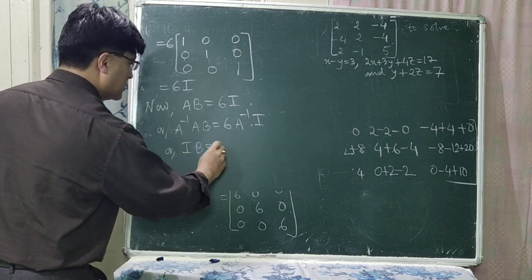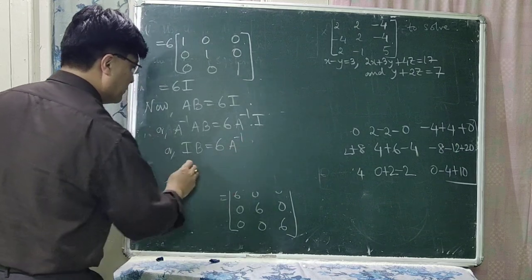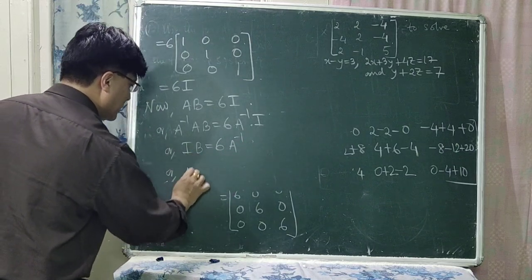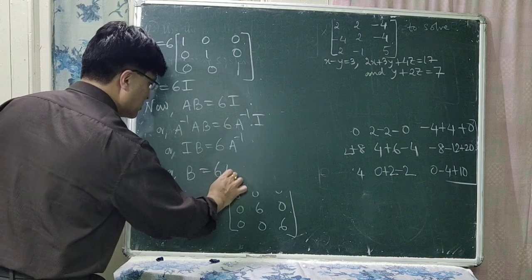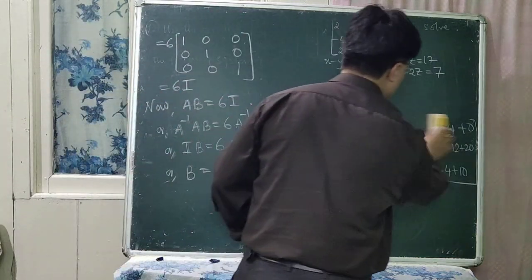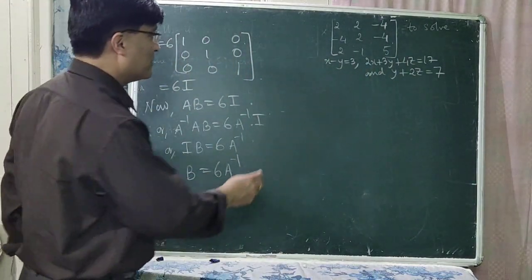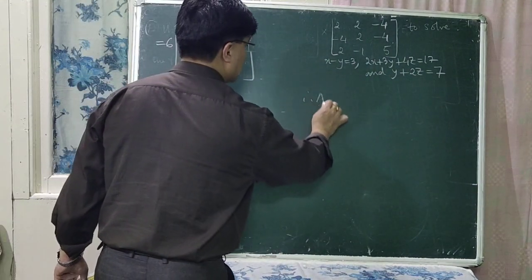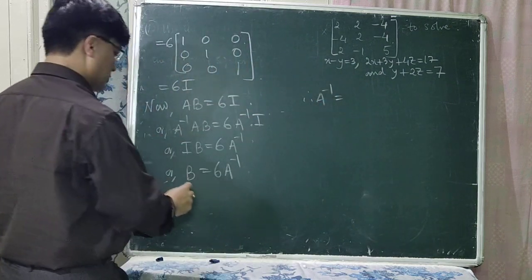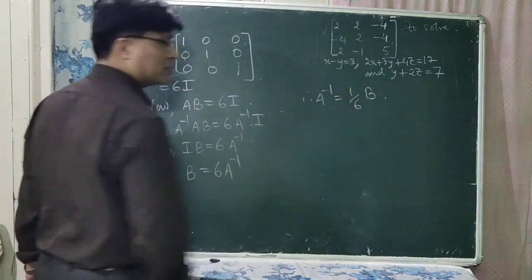It is I, so IB is equal to 6 A inverse. What is A inverse into I? That is your A inverse. What is IB? That means B is equal to 6 A inverse. Now what is 6 A inverse? It is equal to B. That is, A inverse is equal to 1 by 6 into matrix B.